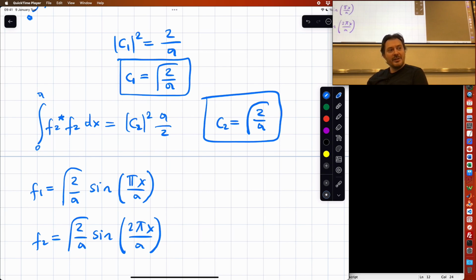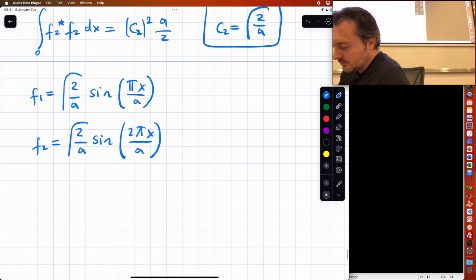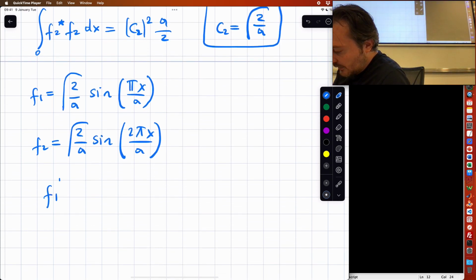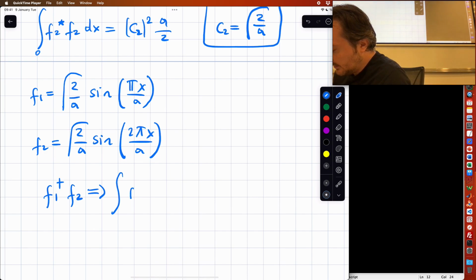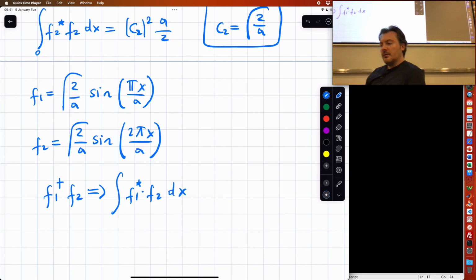Do you remember orthogonality? You look at this: you take the integral of f1 star times f2 dx, and that's going to give you 0.